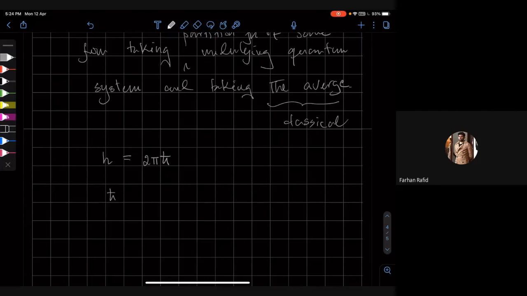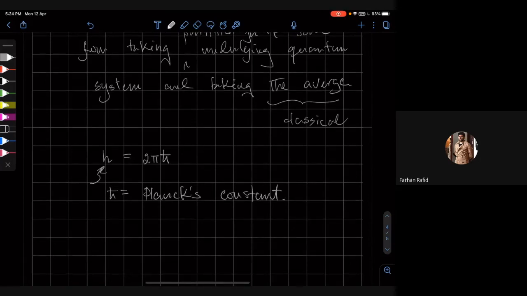Where h bar is the rationalized Planck's constant. Now everybody calls it Planck's constant. Okay, this is what Planck called his constant, but then Dirac introduced h bar.